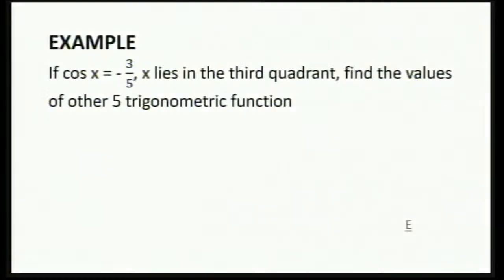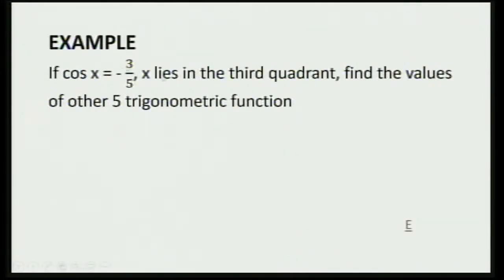Since we are running out of time, this is an example you can work out. In this example, cos x is minus 3 over 5, and it is also given that x lies in the third quadrant. So children, in the third quadrant, if you ask what all trigonometric ratios are negative, cos is negative there, only tan is positive.